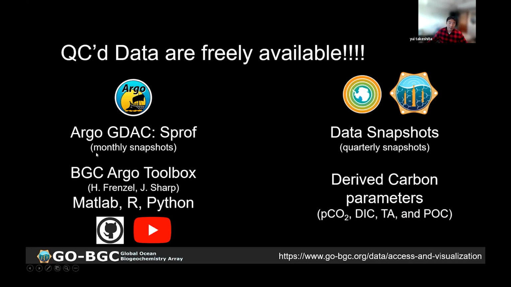There are now monthly snapshots of both the whole Argo data set and also the SPROF data set, and these monthly snapshots have a DOI. So whenever you use data for publication, make sure that you list that in your references.